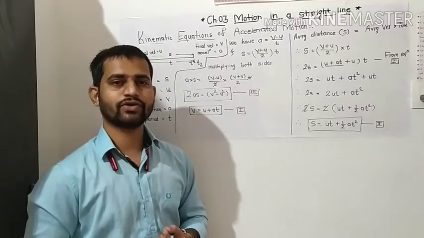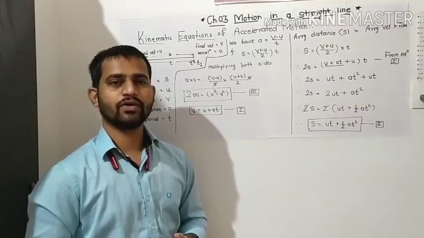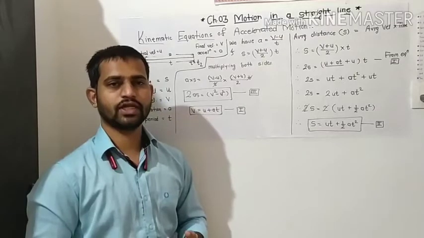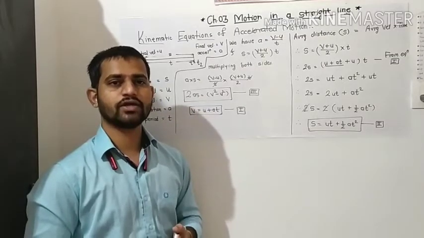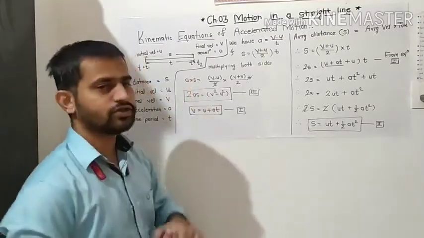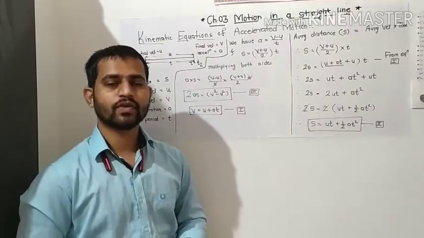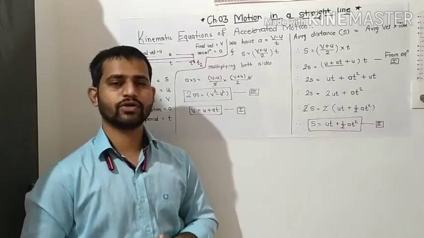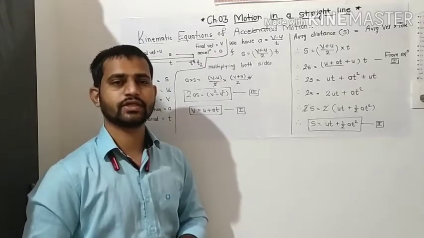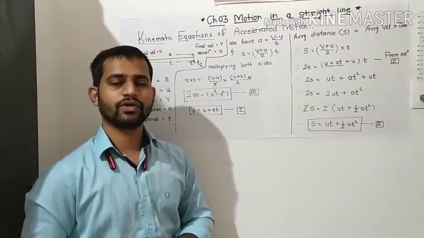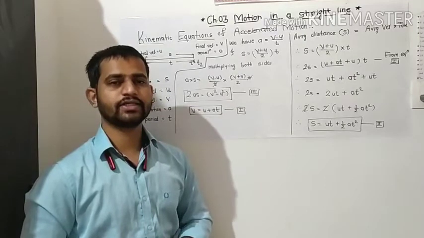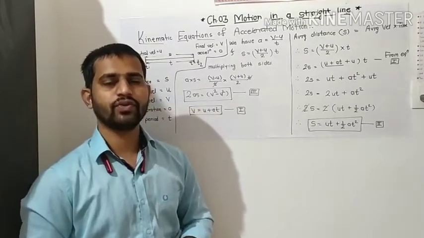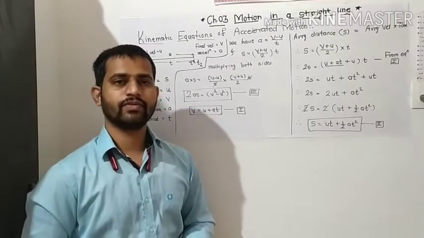There may be a question on this: derive all the three kinematic equations of linear motion. Then you have to start from this point. First of all, consider a small distance s, and for that distance consider the time t to cover it. Initially the velocity will be u, and the final velocity will be v.